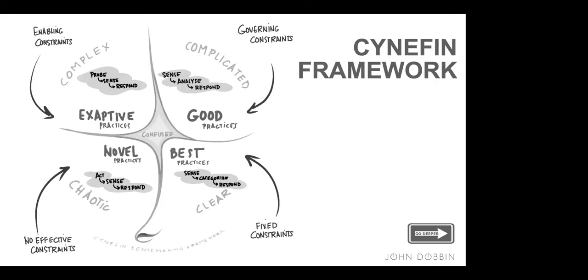Now, this is a tool that we would use in large organizations when you've got lots of teams and we're trying to decide what to do, how to approach a problem. We use it in IT, but also in strategy and marketing and all sorts of things.